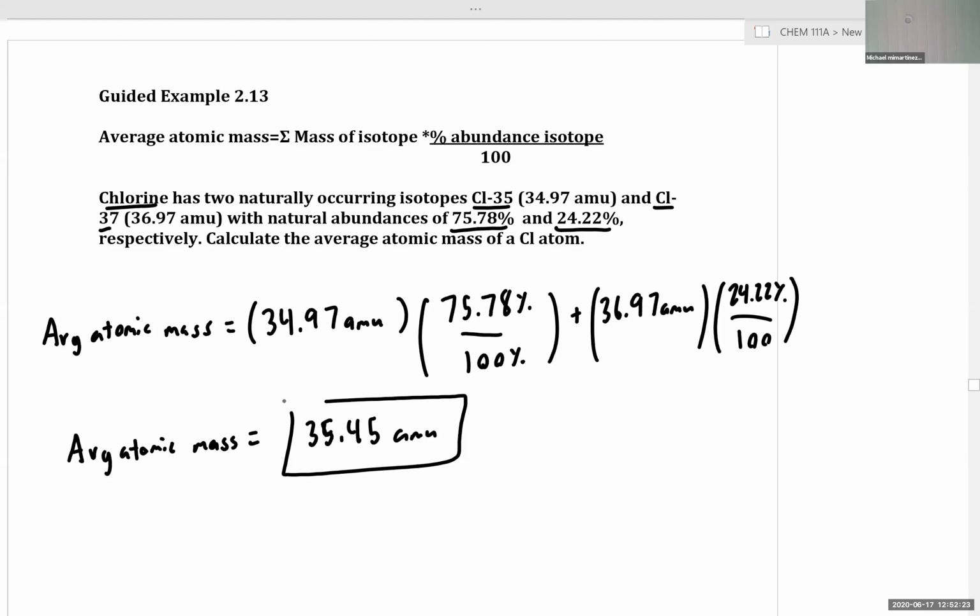Does this example make sense to everyone so far? Any questions on this example? I want to make sure I calculated right. The first part was 26.500266? Or what was the answer for the first part?